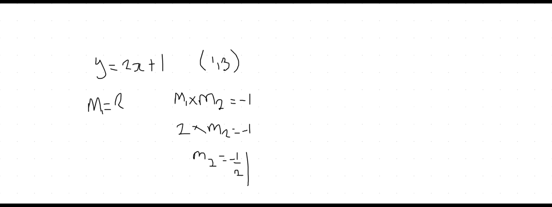And now since we have the gradient and we have a point, we can use the equation y minus y1 is equal to m multiplied by x minus x1 to find the equation of this line.